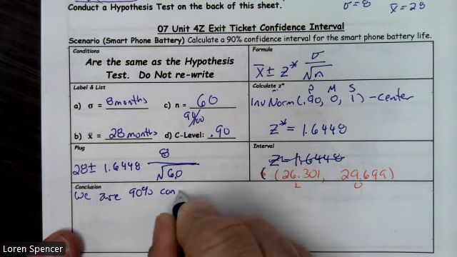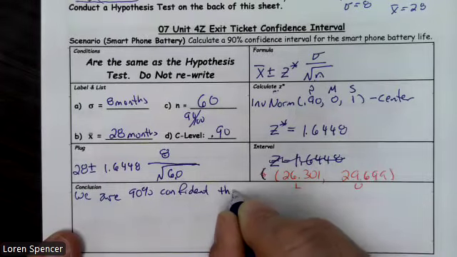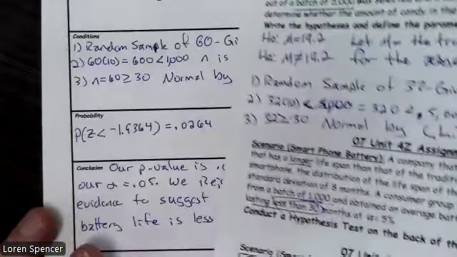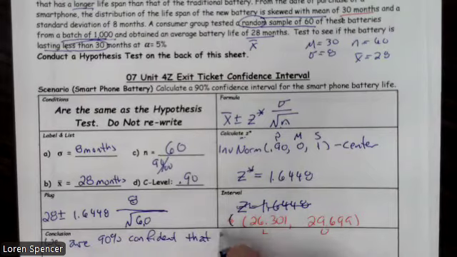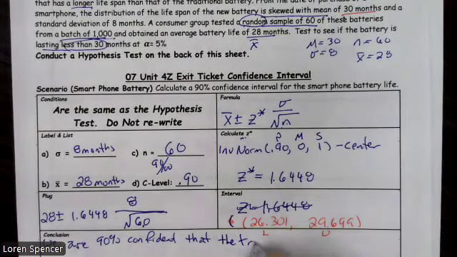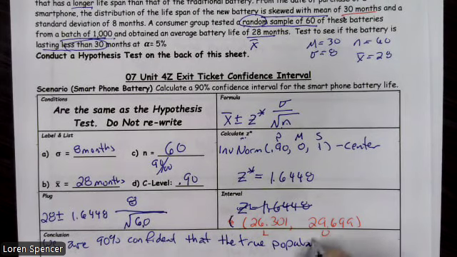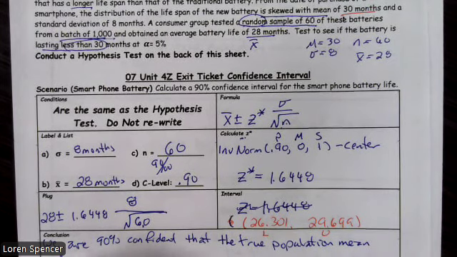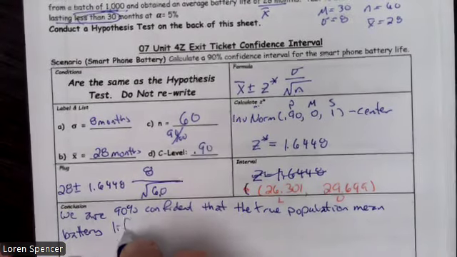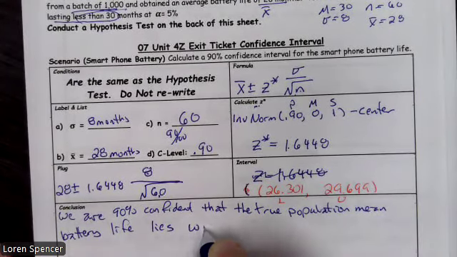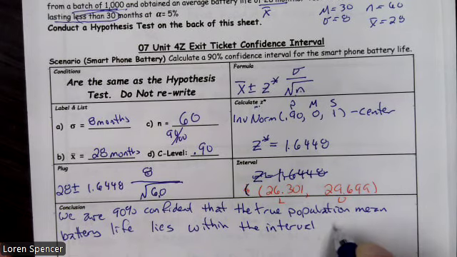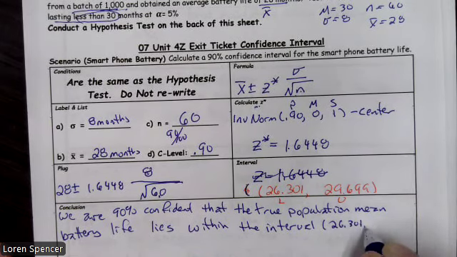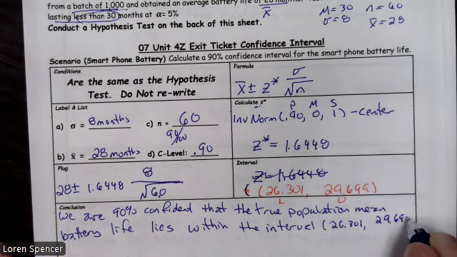90% confident that, and when we did the hypothesis test earlier, we defined the parameter, the true population mean battery life, that the true population mean battery life lies within the interval 26.301 to 29.699.